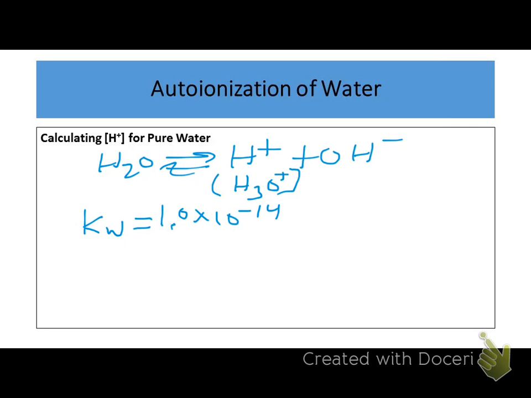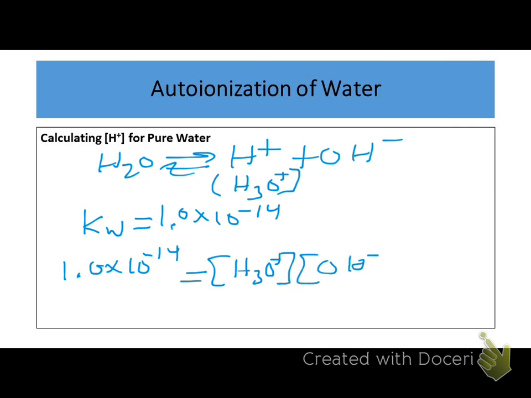So if we plug this into our equilibrium expression, 1.0 times 10 to the minus 14 is equal to the hydronium ion concentration times the hydroxide ion concentration. Now, if we were to erase this and make this an X value, because we really don't know what that concentration is, nor do we know the hydroxide ion concentration.